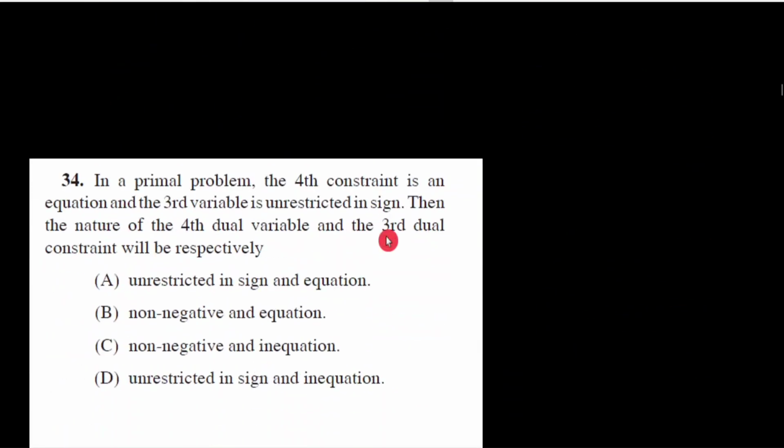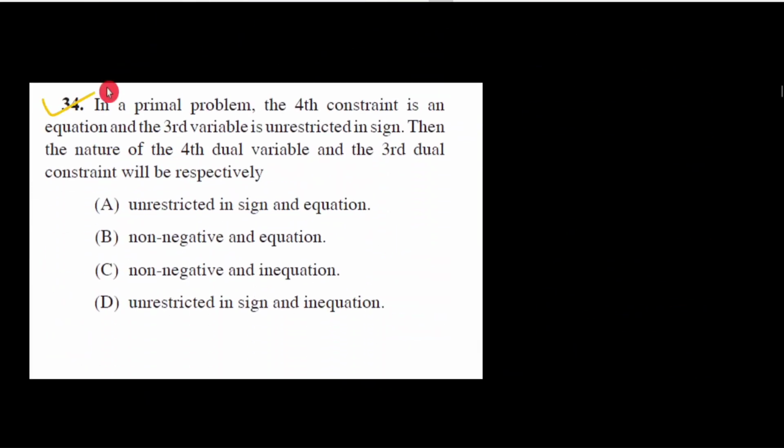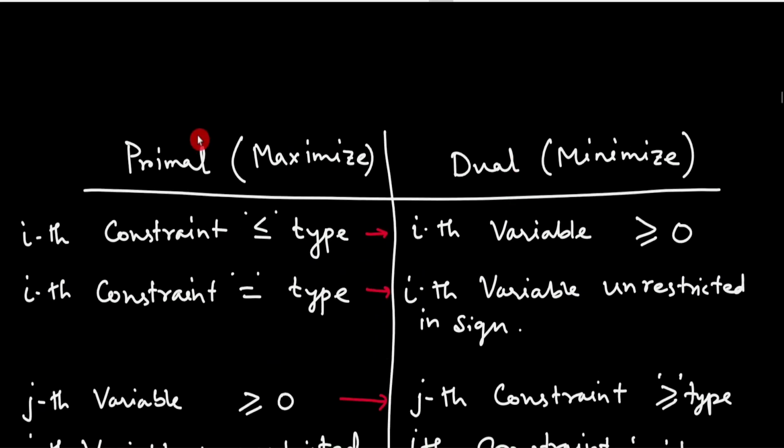And now go to question number 34. Question number 34 is also from LPP. In a primal problem, the fourth constraint is an equation and the third variable is unrestricted in sign. Then the nature of the fourth dual variable and the third dual constraint will be, respectively. Now the concept for this question is given for primal problem and dual problem. Generally the primal problem is the maximization problem and the dual problem is then the minimization problem.